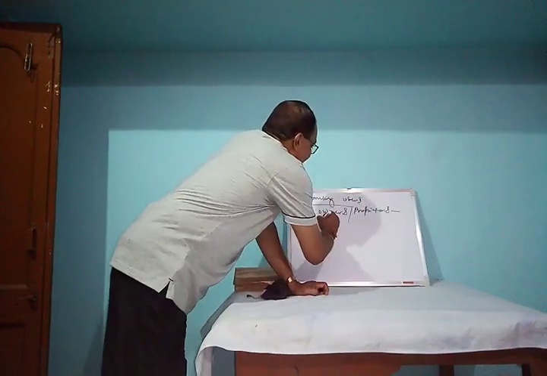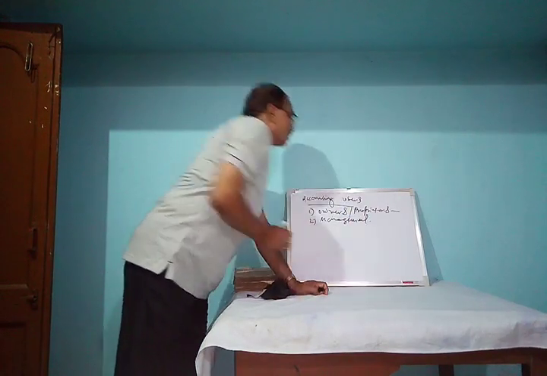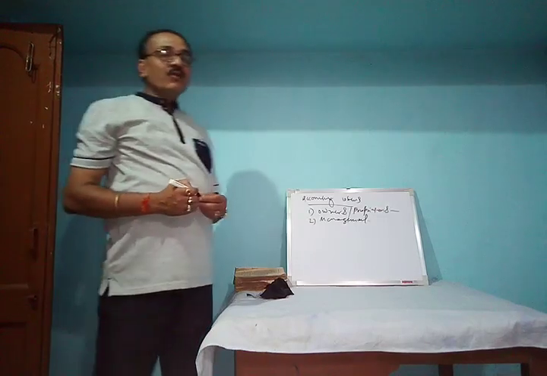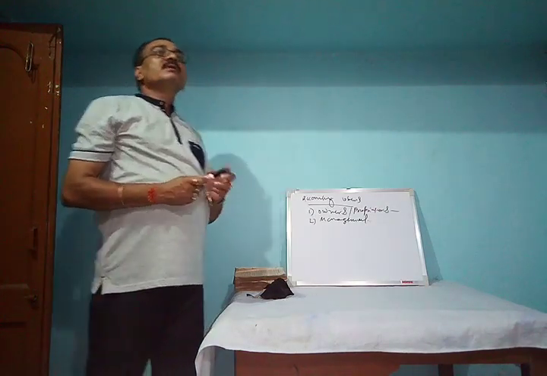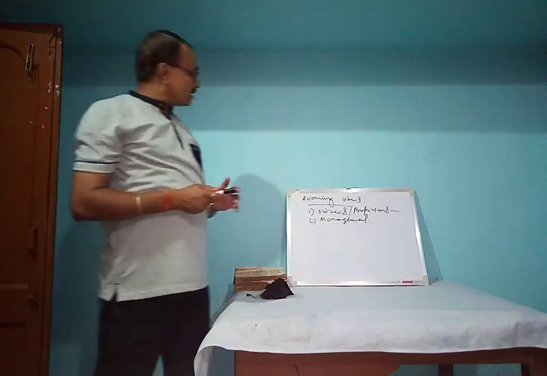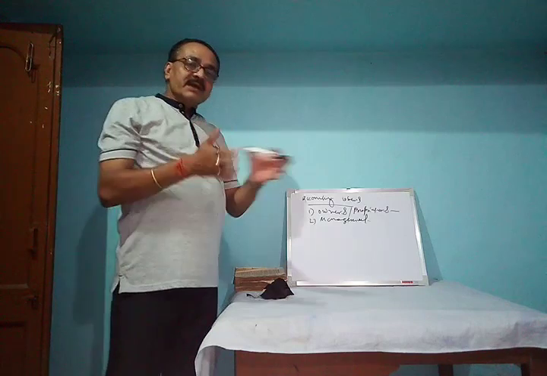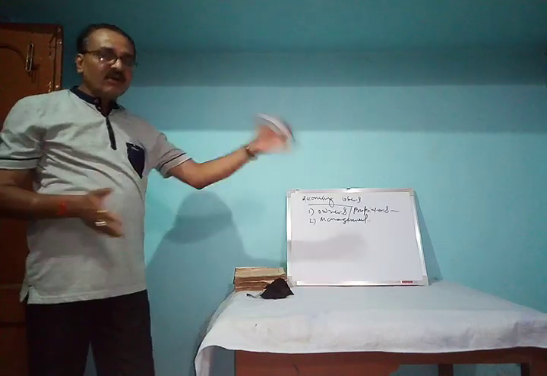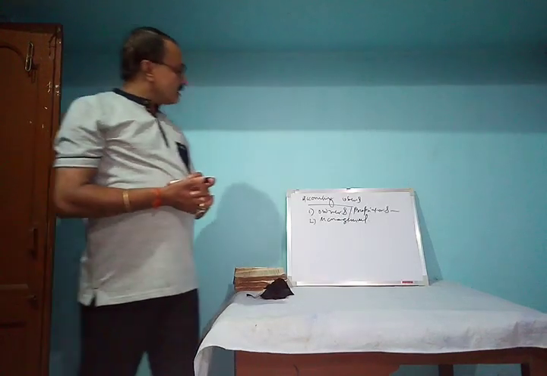Number two, management. Who are the management people? Sometimes, particularly in a state like ours, we treat management people as the owners of the organization, but that is not exactly the case.